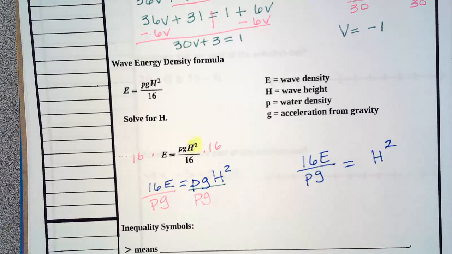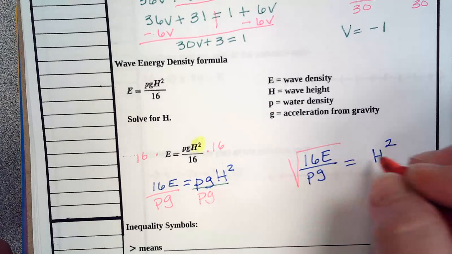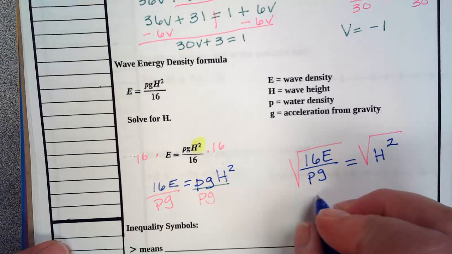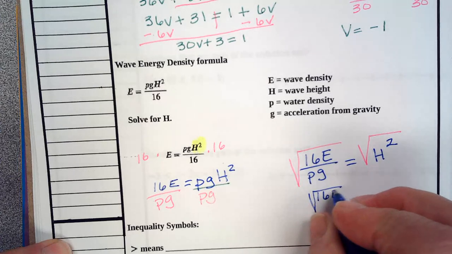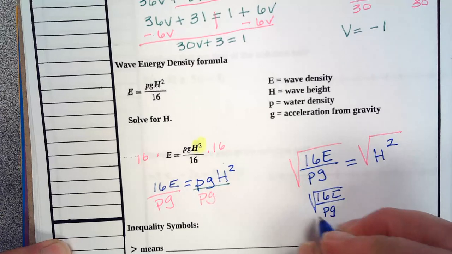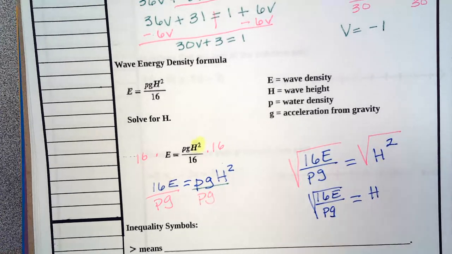What is the opposite of squaring? That's taking the square root of. The square root of 16e over PG is equal to H, and we're done.